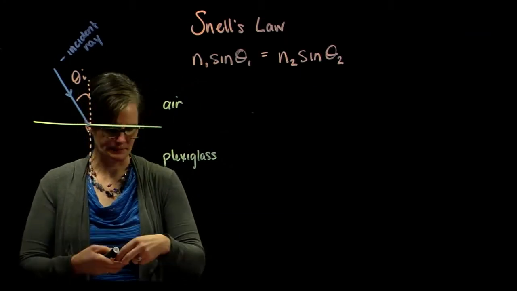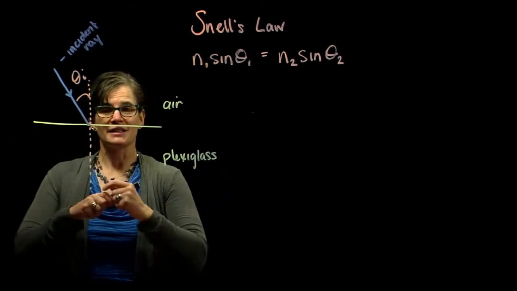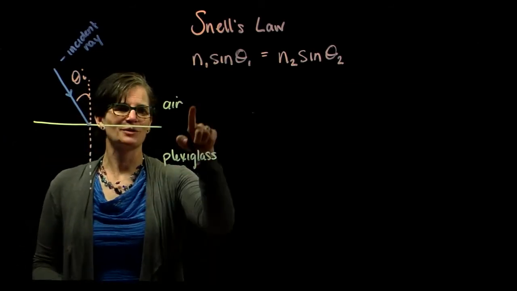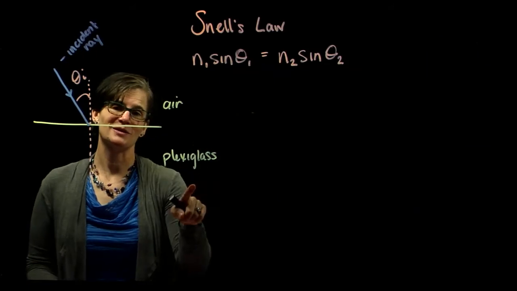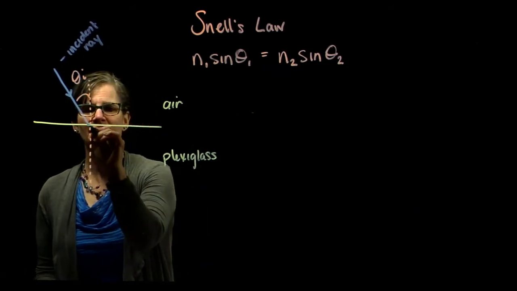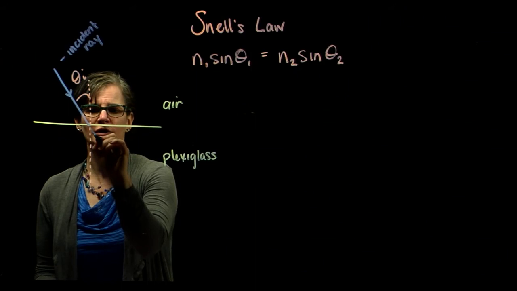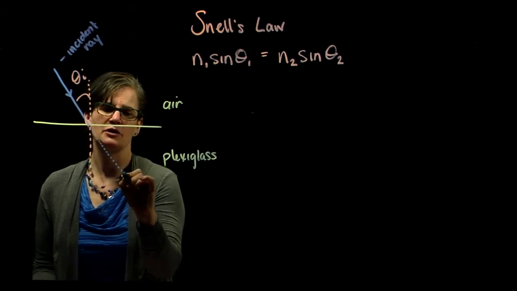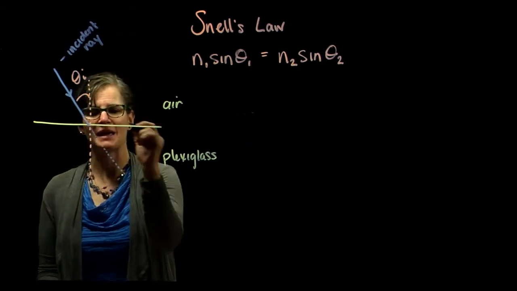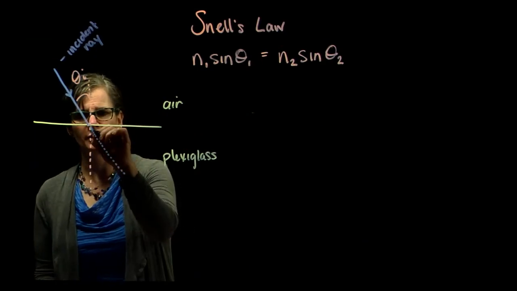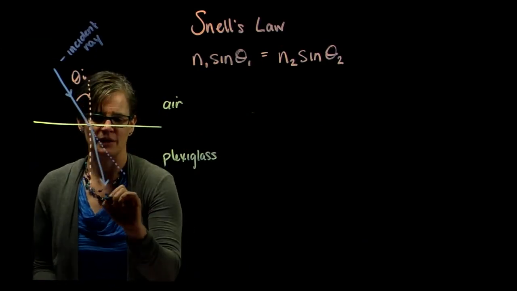Now, a refracted ray. As we go from air to plexiglass, we're going from a low index of refraction to a higher index of refraction. We bend towards the normal. So if this were our no bending case, we would bend towards the normal, and perhaps we'd have something like that.